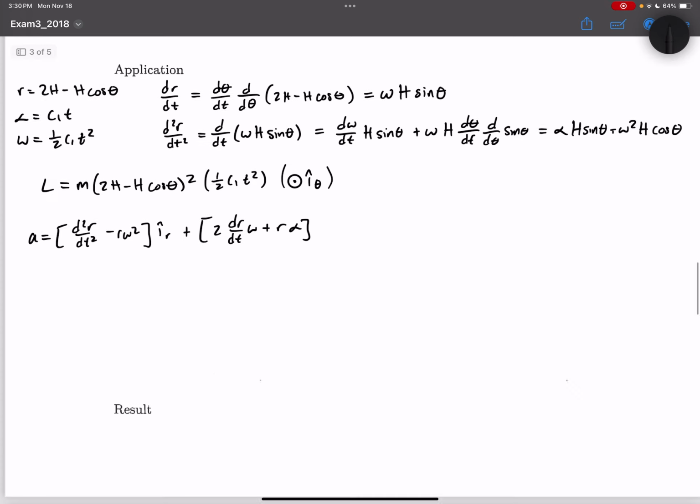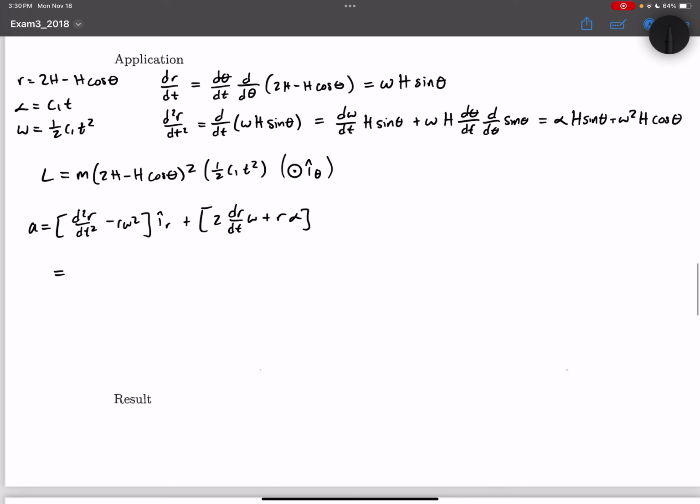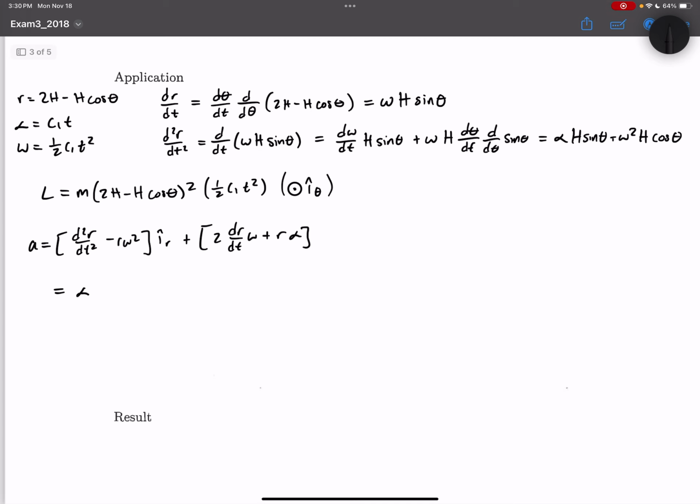Okay, and then now we just kind of fill this in. So A is going to be, we know dt is alpha, so we know alpha c1t. We know that the second derivative of position, this is alpha times h sine theta plus omega squared, which is 1/2 c1t squared times h cosine theta.